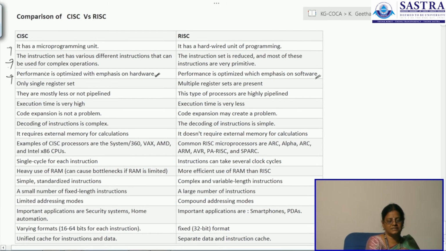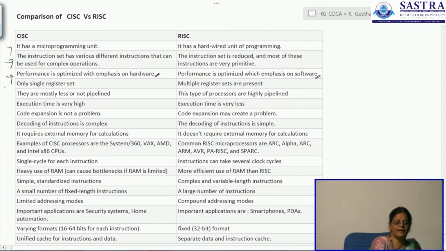So the performance is optimized by giving importance to the hardware, whereas in the RISC category, more importance is placed on the software, and of course the performance can be attained with a flexible nature because it is in the software, but at the cost of time.